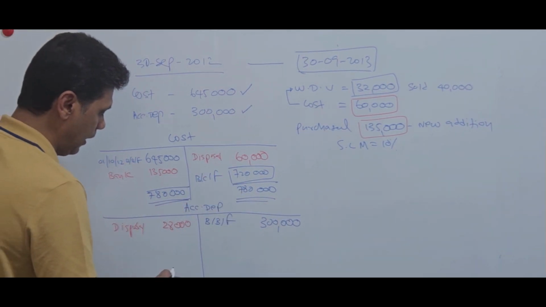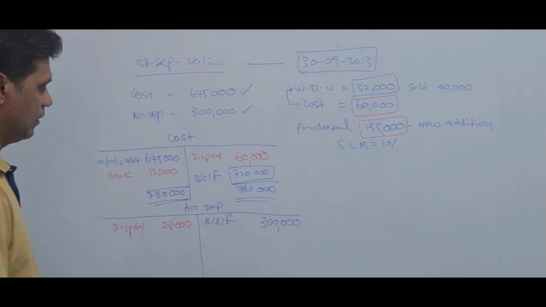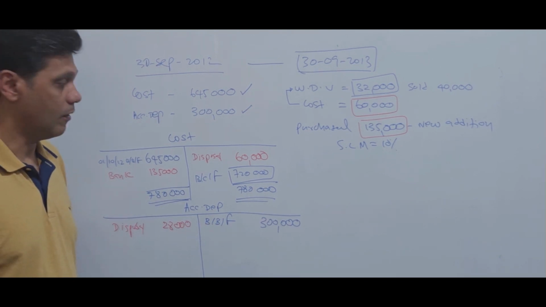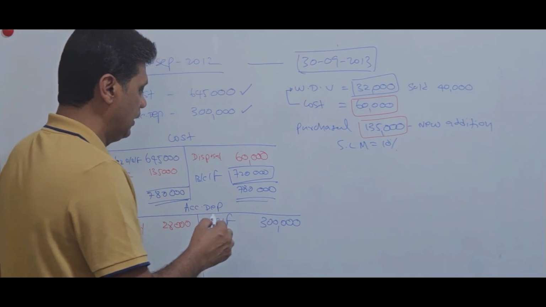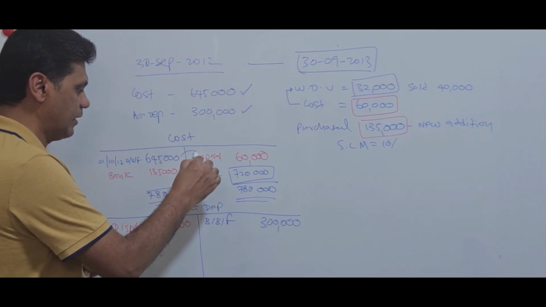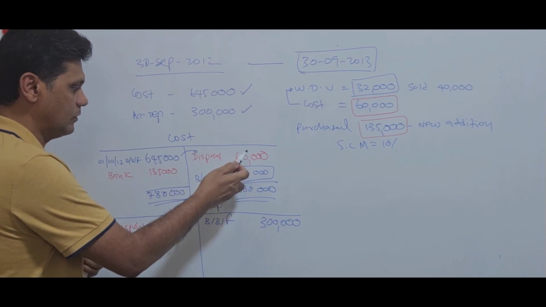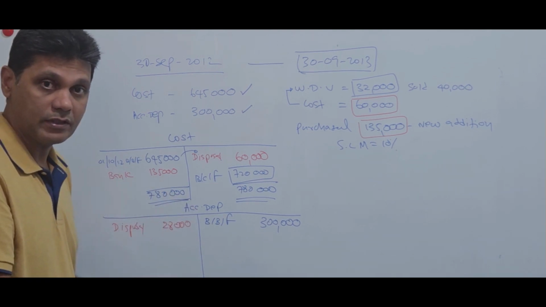And in the accumulated depreciation account, we need to provide depreciation now. This 720,000 consists of two components. One is from the opening balance after we remove the disposal of 60,000, so you can take that difference, plus you can add the new addition 135,000.